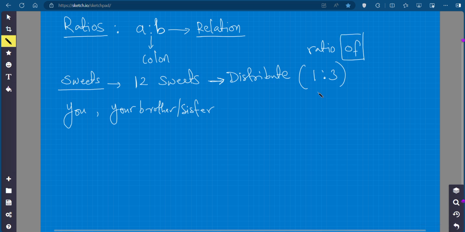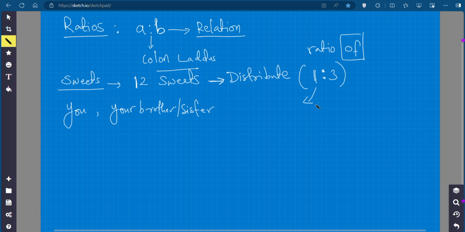What does it mean? How do I split or distribute 12 laddus in the ratio 1 to 3? Well, first, we need to understand how to read 1 colon 3.